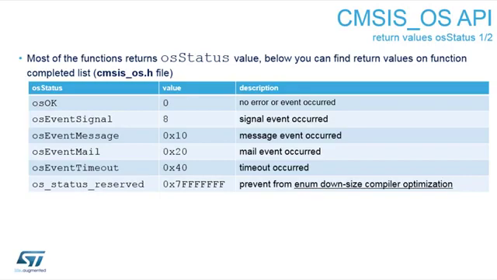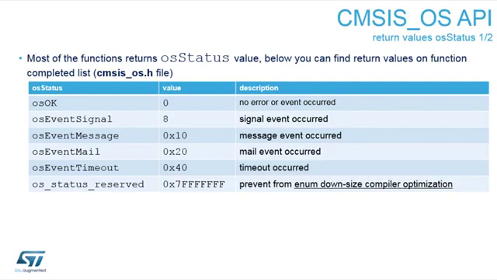You can see that when everything goes well, it returns OS OK with a value 0. So here it's not that if the function returns a positive value, it's fine. Here you have to test if the return parameter equals OS OK.